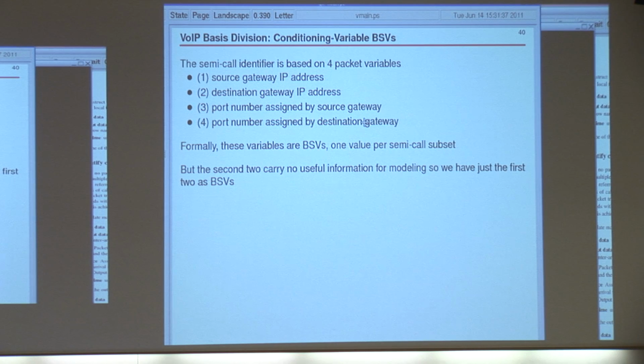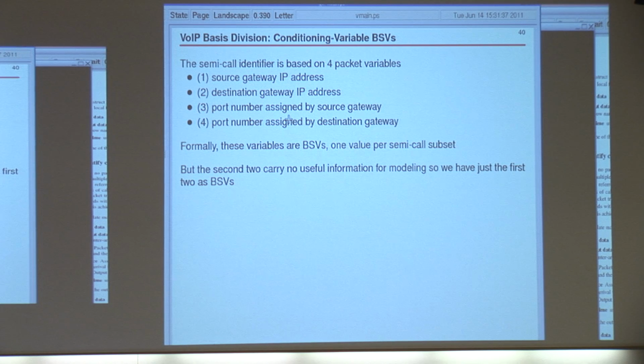So given that we have the identifier, that's all we really need to access that subset. Then we no longer need the port numbers as between subset variables, because the port number has no bearing on the analysis whatsoever. It's just something the gateway assigns.